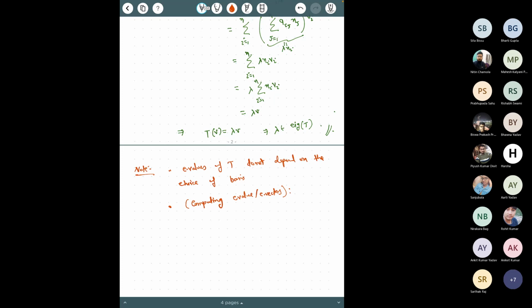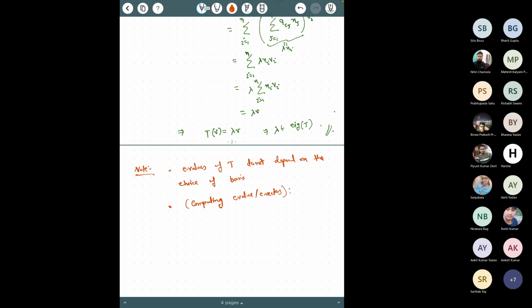You look at the characteristic polynomial, and the roots of the characteristic polynomial are the eigenvalues. Once you know the eigenvalues, you look at the corresponding eigenspaces. For every eigenvalue, you find a basis for that eigenspace, and you get linearly independent eigenvectors. This is for a matrix.